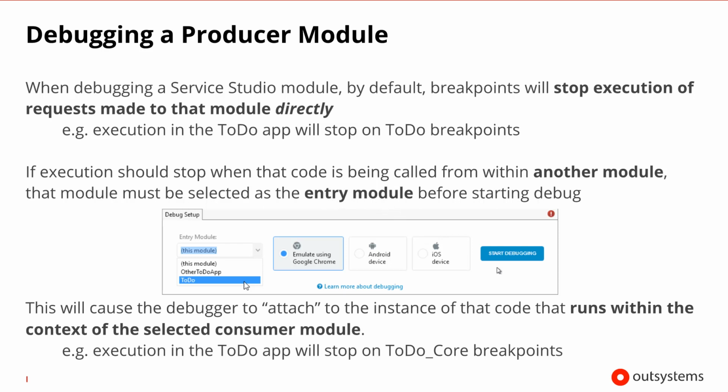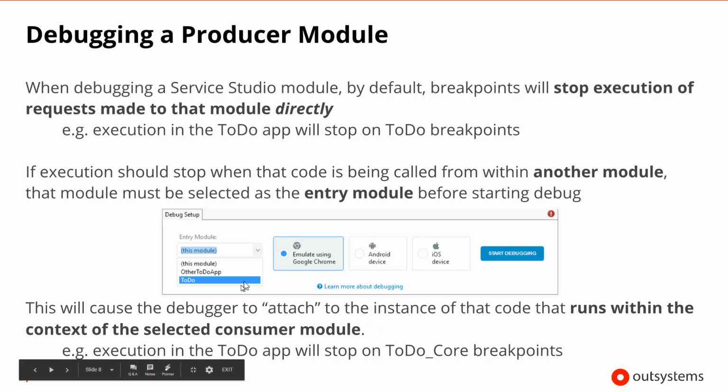So when we go to start debugging, there is this area on the left that says what is the entry module. So if we want to be able to maybe debug some piece of code, but we want to start in the to-do module, that may be that we're currently working in something like the to-do core, which may be a different module that holds the data of what we're working on.